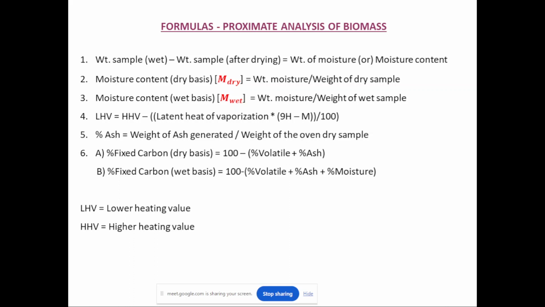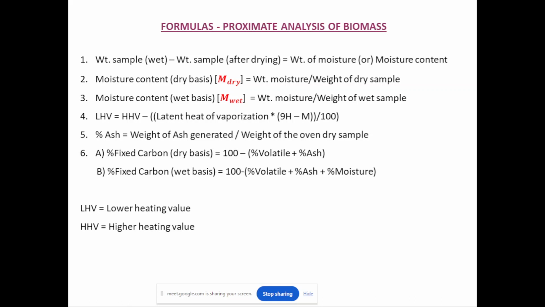If you remember the TGA plot that we saw last week, there was something called volatile matter which will get readily evaporated when you increase the temperature. So there is something called volatile carbon and there is something called fixed carbon. Volatile carbons are the ones that actually get converted to CO2 or get volatilized when you increase the temperature.